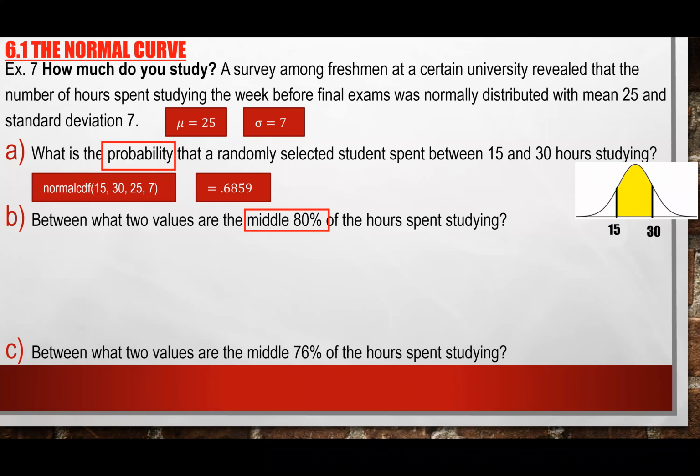Okay, and if you look at B, this is what I mentioned last time. The only thing different in this problem is they did not give you the left-hand side or the right-hand side. They give you the middle percentage, right?